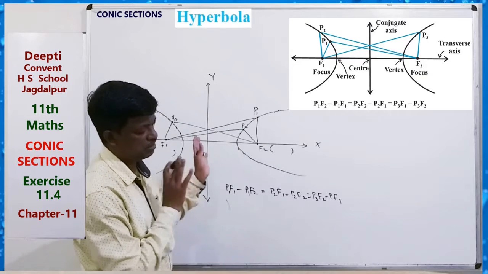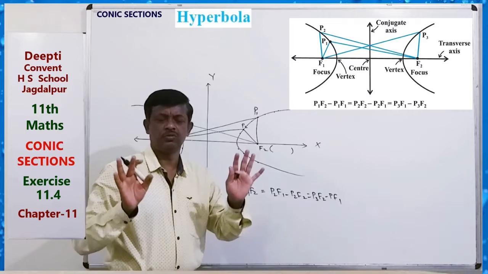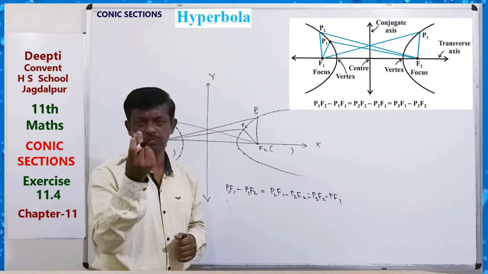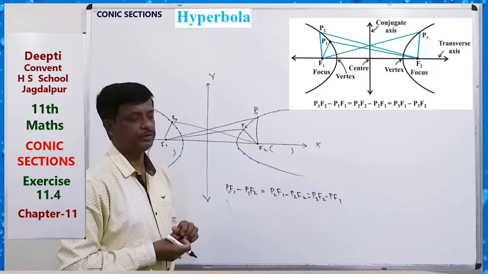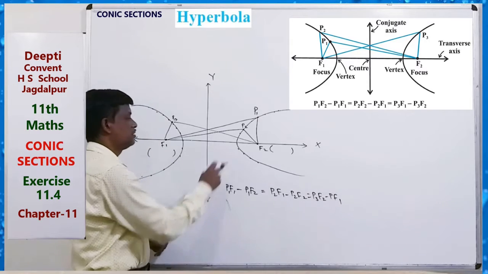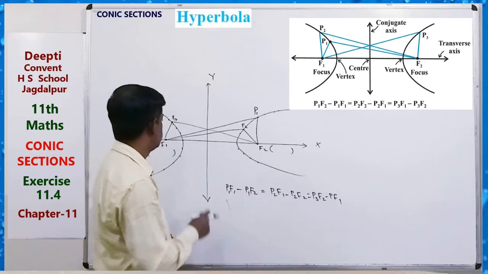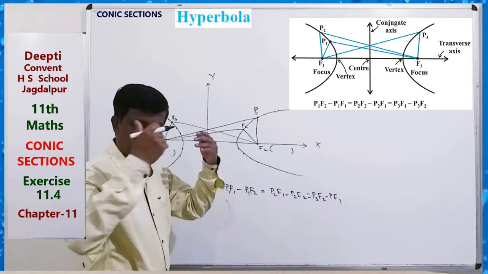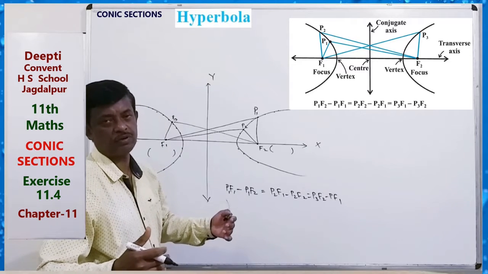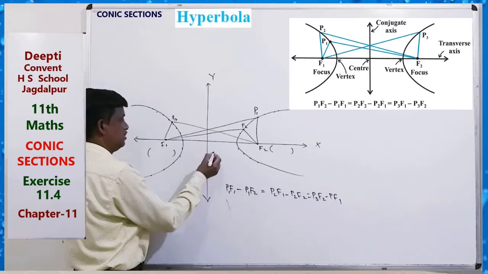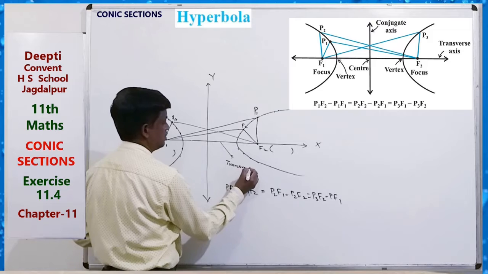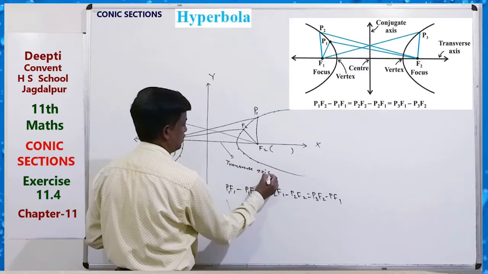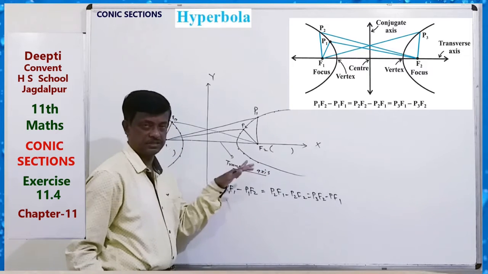In the diagram, these two fixed points are called foci, similar to the ellipse, with a simple difference in the equation of hyperbola. Foci lie on the transverse axis of the hyperbola. This is called the transverse axis, and the foci lie on this axis.